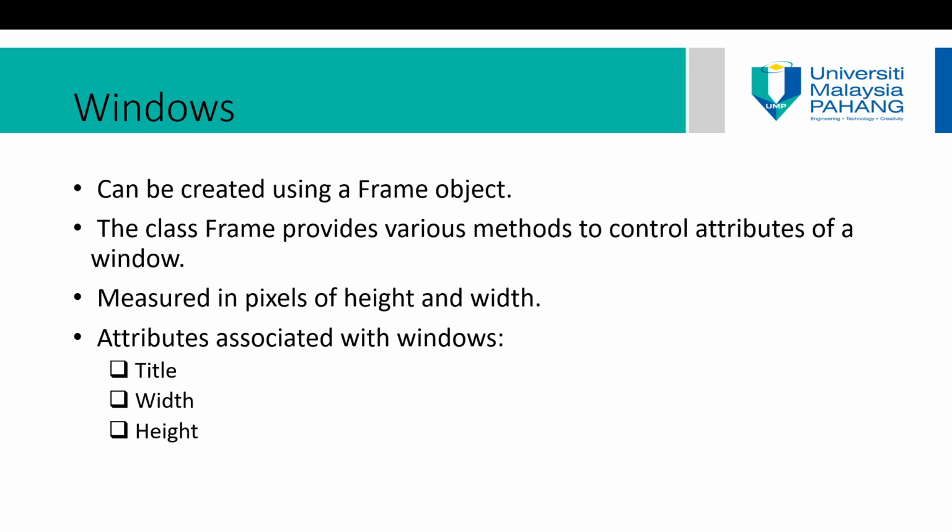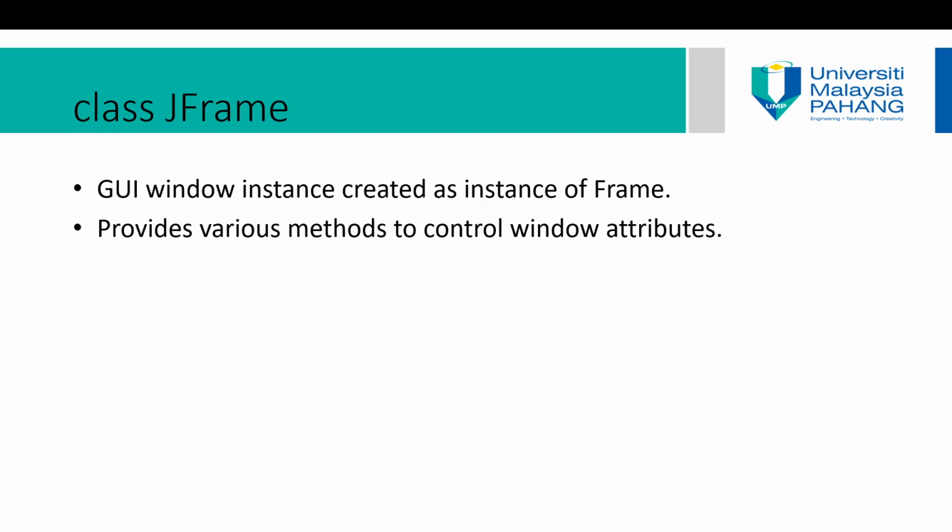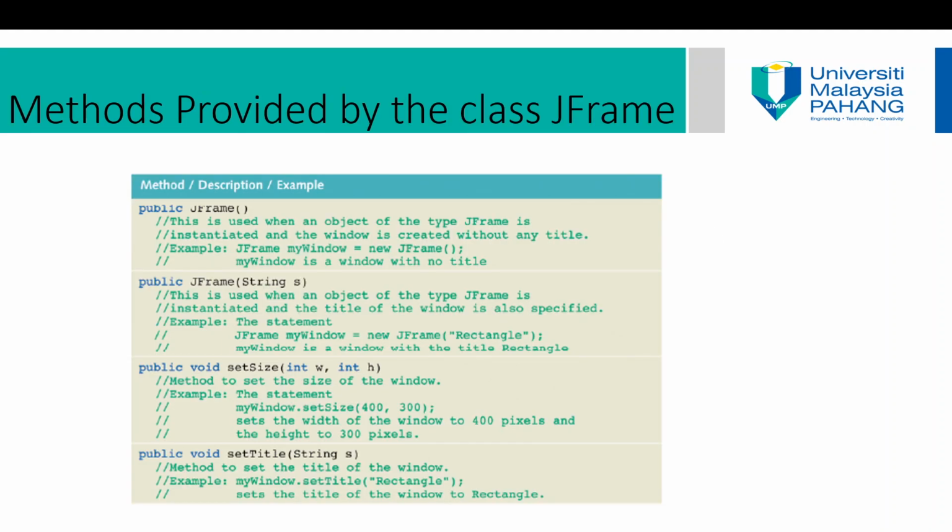When we have a JFrame window, we can also provide various methods to our object's attributes. We can also specify the height and the width of the frame. JFrame is a class, and a GUI window is created as an instance of JFrame.